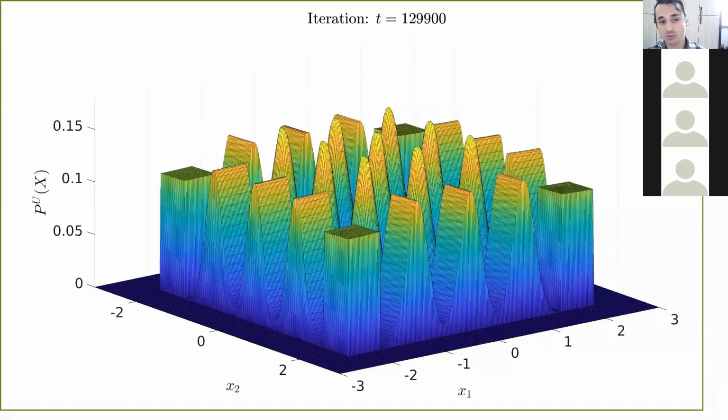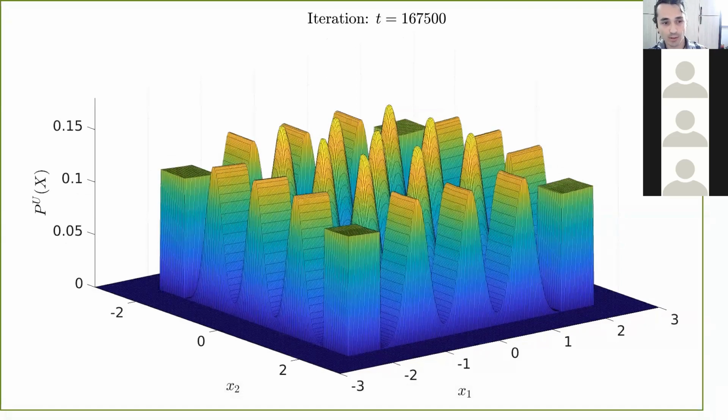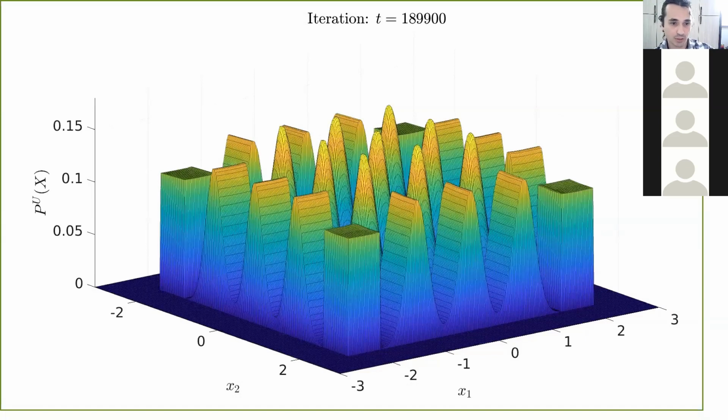The main idea is just to reduce the learning rate monotonically, so this vibration will be smaller and smaller, so that it will converge to the exact target function. Okay, so this is it. Let's get back to the presentation.